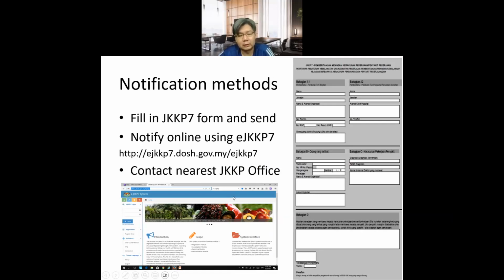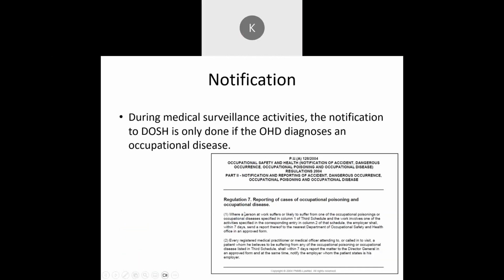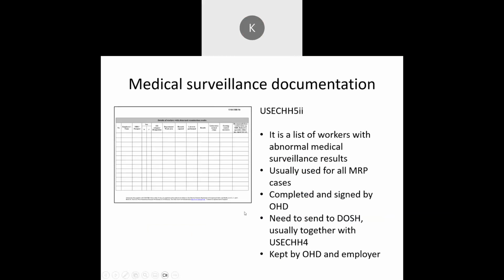If we notify, it means that, sorry, Prof, it means that this Section 52 doesn't mean that even when the medical practitioner, the OHD, submits to DOSH, it is a confirmed occupational disease, is it?